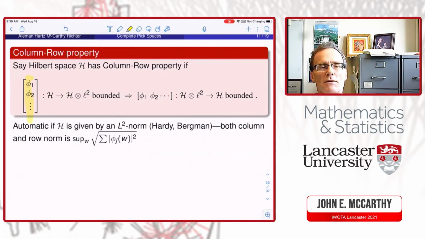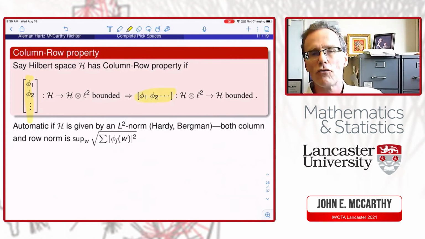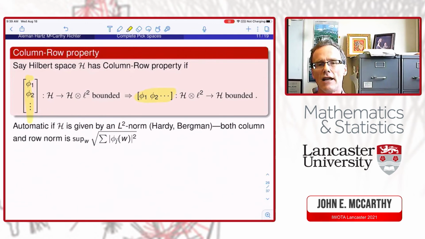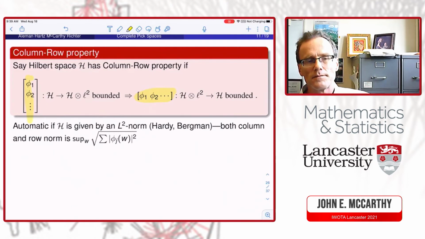So a column of multipliers will send a single function f in H to a column of functions that'll be in H tensor little l2. And the column row property says that whenever that column is bounded, the corresponding row is bounded. So a row of multipliers will naturally map a column of functions in H to a single function in H.